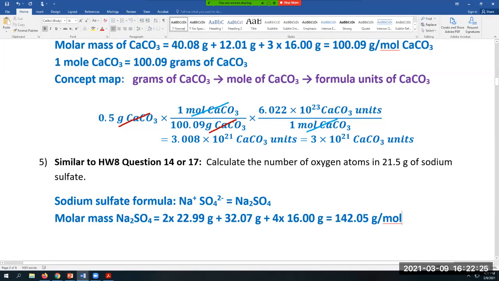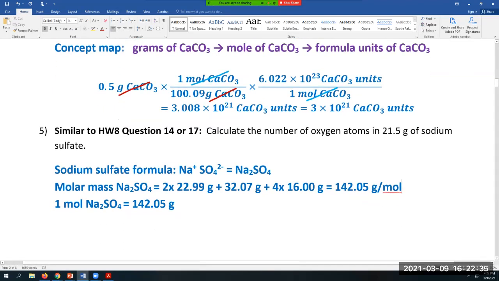Because we are using this as a conversion factor, I like to write it mathematically as an equality. So let's show how we write this as an equality. 1 mole of Na2SO4 is 142.05 grams, right? And actually, to be fully correct, I need to repeat that it's grams of Na2SO4.